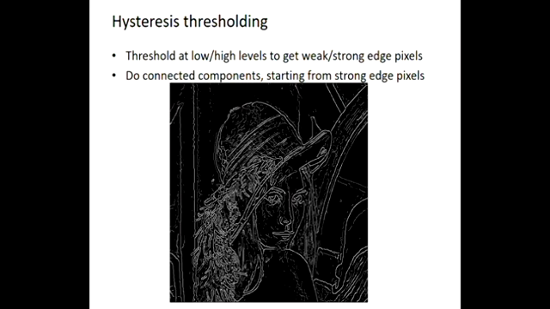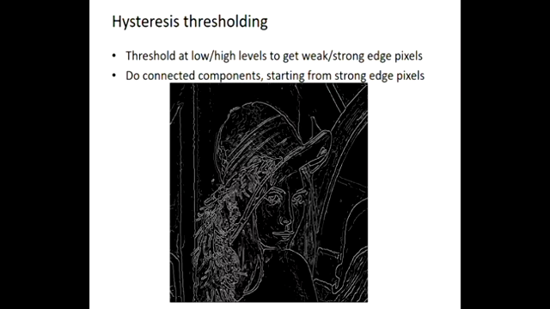So the effect is that all these edges in here will be discarded because they're weak edges. Here the weaker edges are shown as lighter gray, and strong edges are white. So these weak edges will be discarded. If you look closely on this line, there's strong, and then some weak, and then strong, and then some weak.